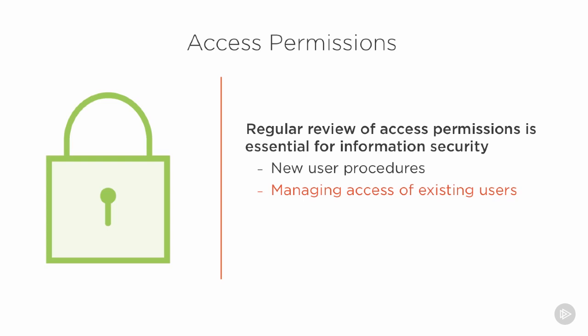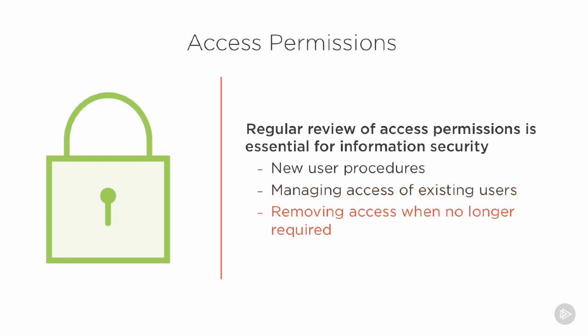This is not in line with the best practices of least privilege. So we should manage and maintain their access so that it still is what they require to do their job, and that the access that they no longer require is disabled and taken away.